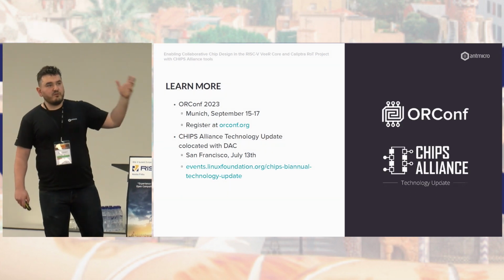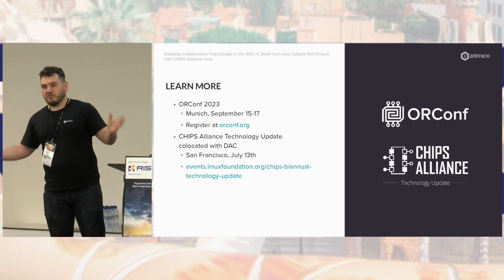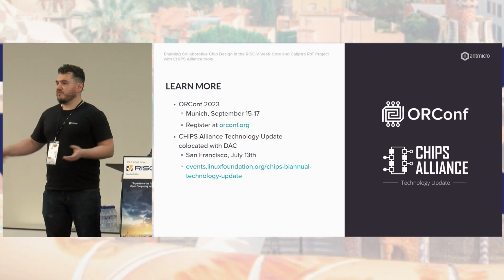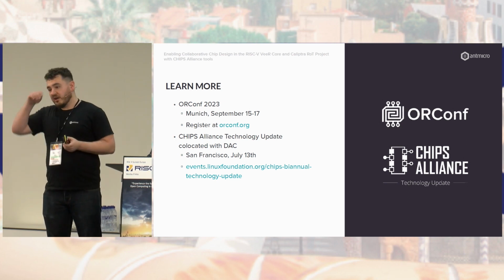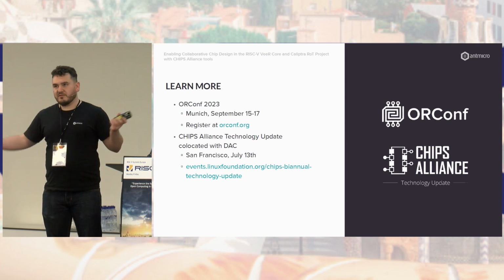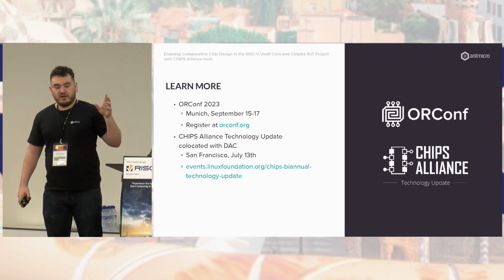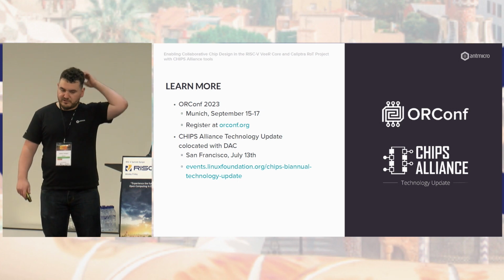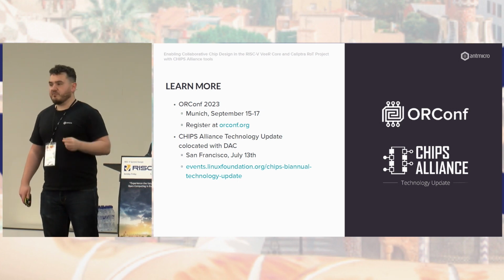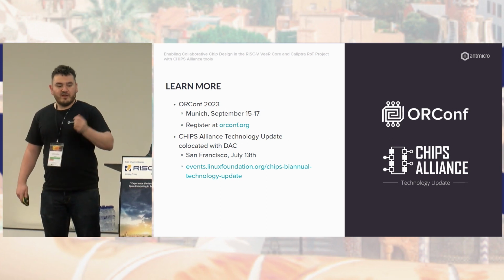And if you want to know more about all that stuff, not only about Caliptra, but also about the status of open source in general, open source tooling, and open source cores, there will be a few conferences happening later this year. One of them is happening here in Europe, in Munich. It's called ORConf.